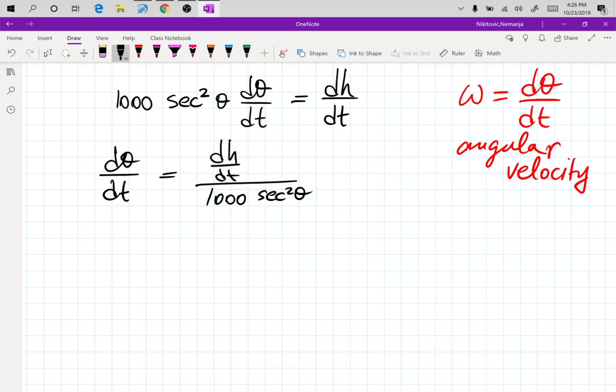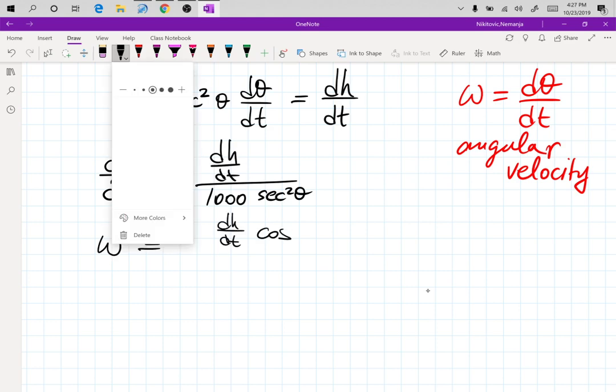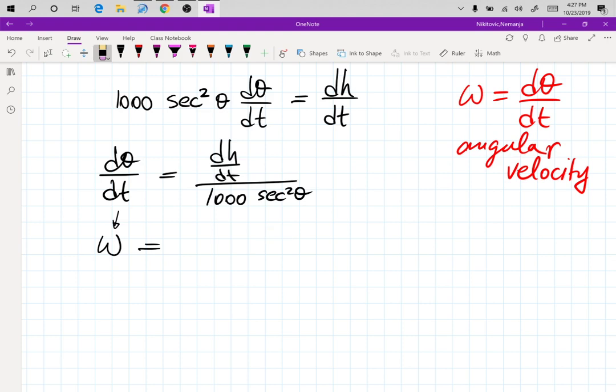So now omega is equal to, well, let's put it this way, it's easier if we put 1 over 1000 cosine squared theta dh dt.